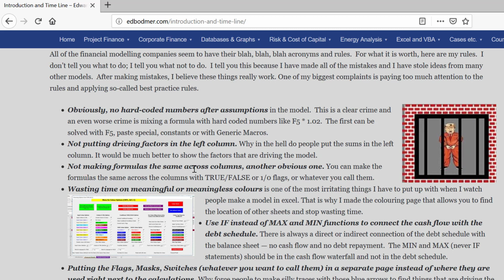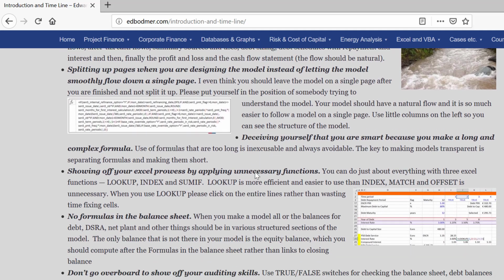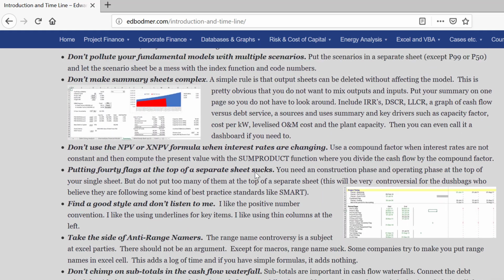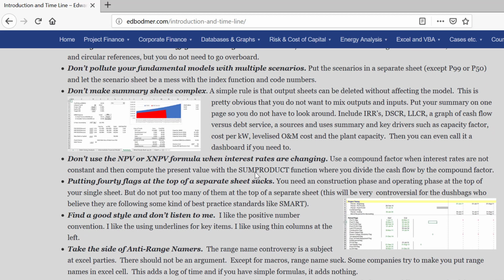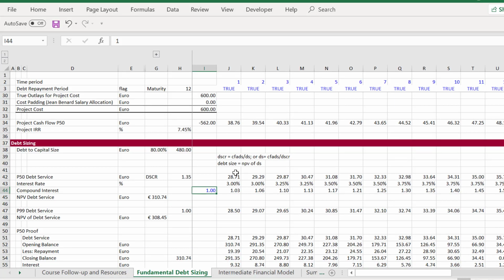And don't make the formulas all the way the same across the column. So I put these. There's a really nice lady who let me teach a class who said, go through these rules, these criminal behaviors. Make sure people don't violate these rules, which I just violated.